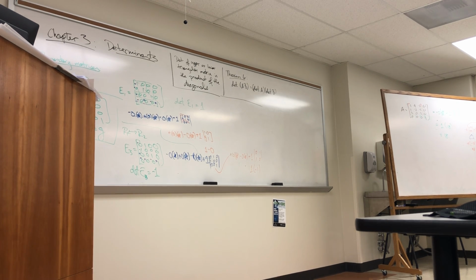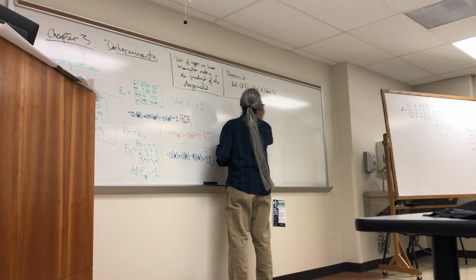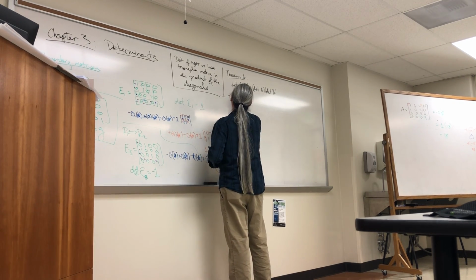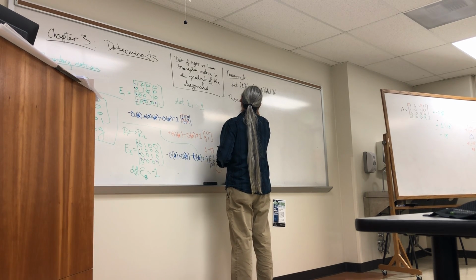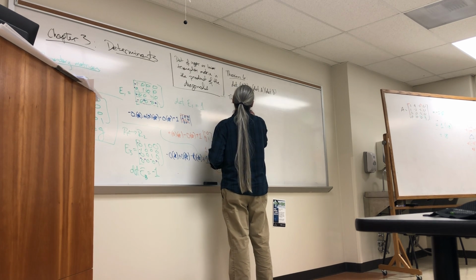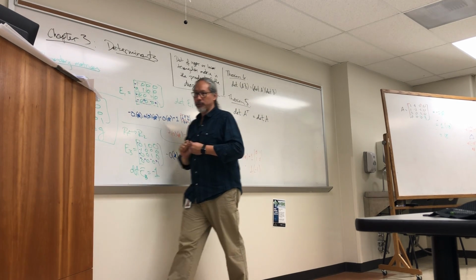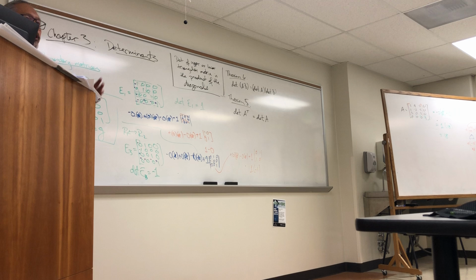And then for transposes, theorem 5: the determinant of A transpose is equal to the determinant of A. When you do the transpose, you're switching rows and columns, but expanding on a row or on a column is the same thing, and it doesn't really matter how we expand. So without much proof, that's the explanation for that theorem.